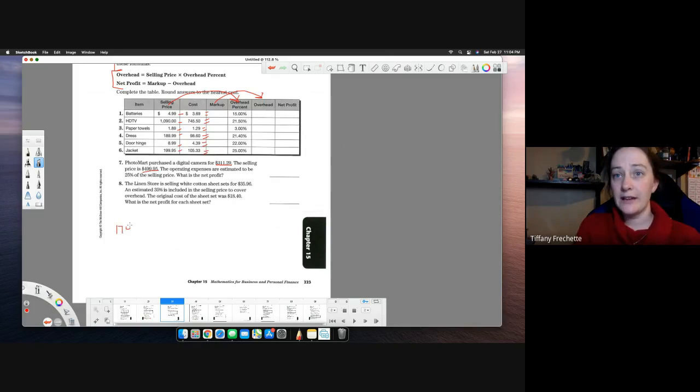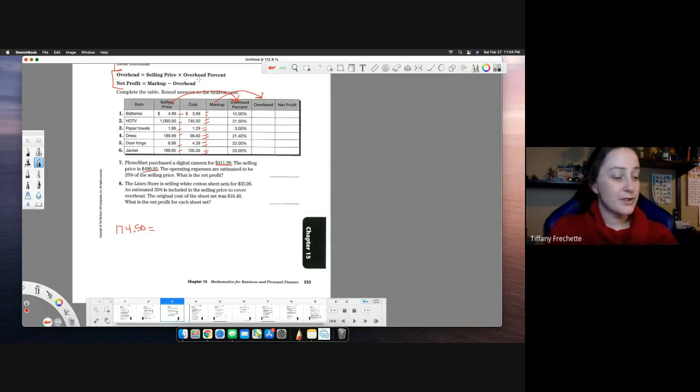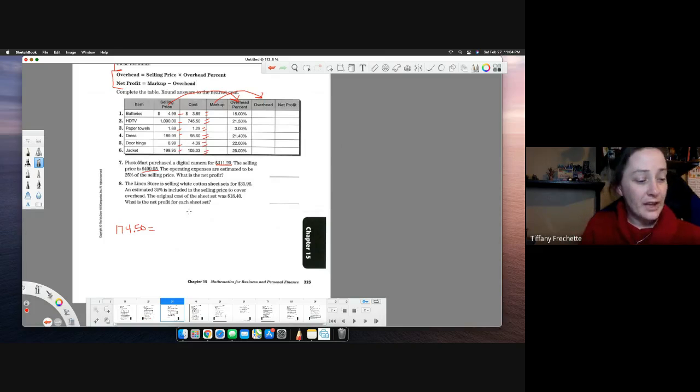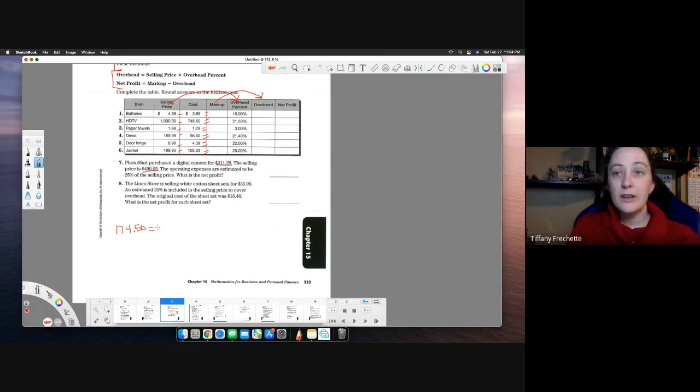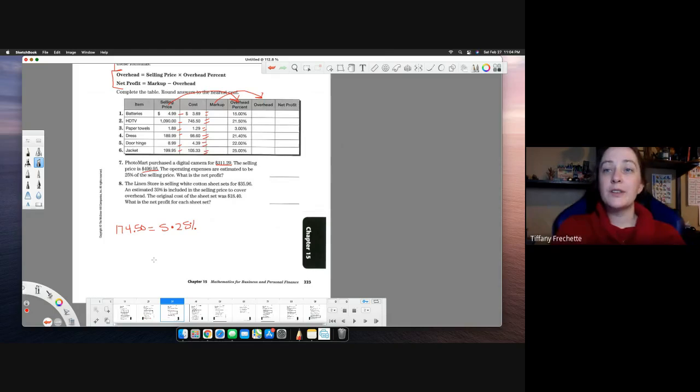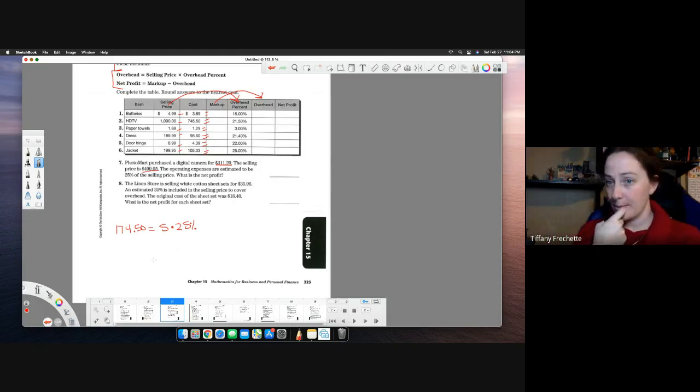They told us that in the problem. And overhead equals selling price times the overhead percent. And we know that the overhead percent is 25%. Again, they told us that in the problem. So selling price, we don't know that, times the percent. So this sets you up to be able to find the selling price.